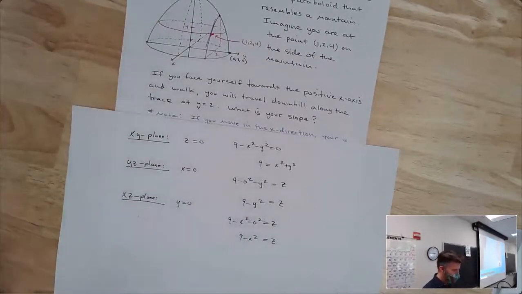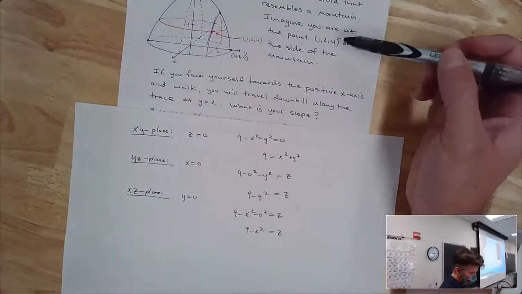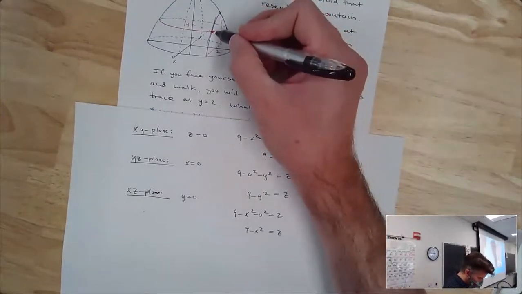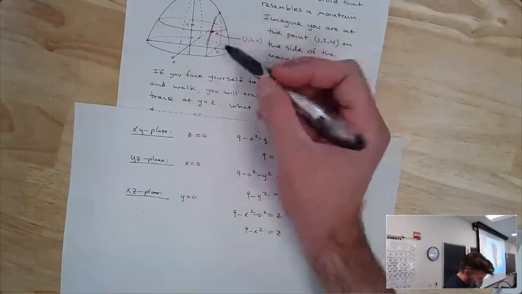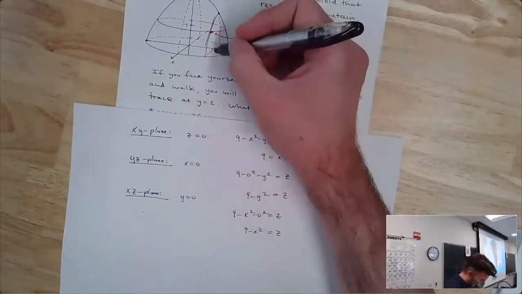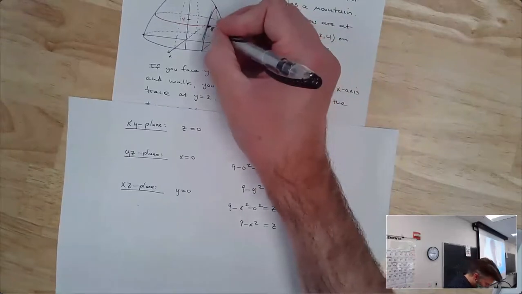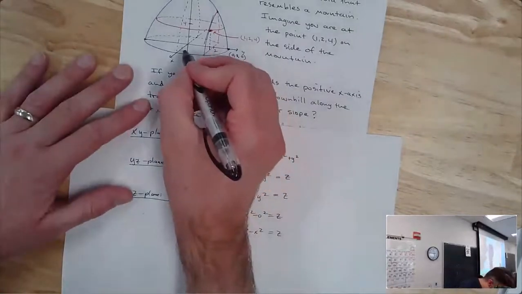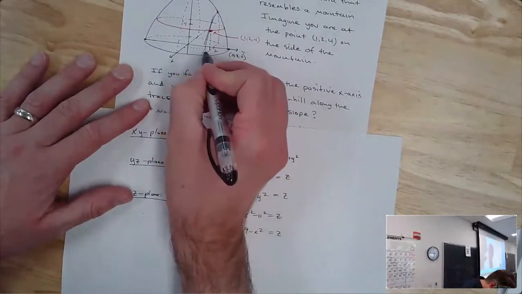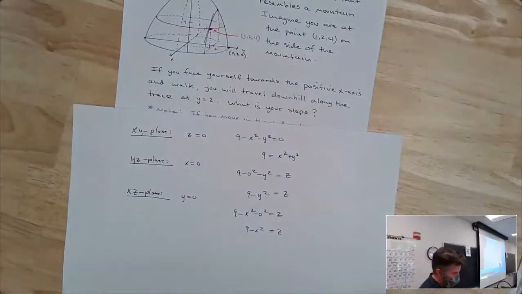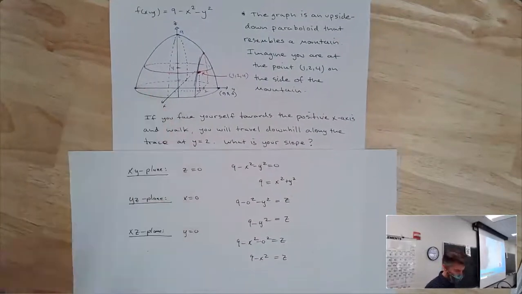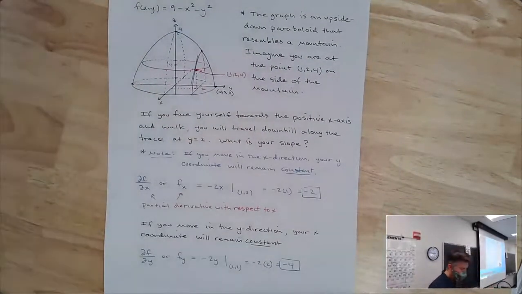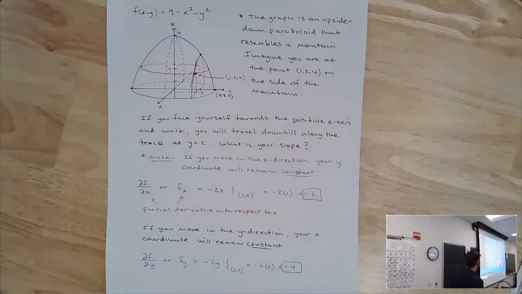And now what I want to say is, let's imagine we're at the point 1, 2, 4, which is right here. You've gone 1 in the x direction, 2 in the y direction, and 4 in the z direction. If we face towards the positive x-axis, which means if I'm standing at that point, I'm facing that way.